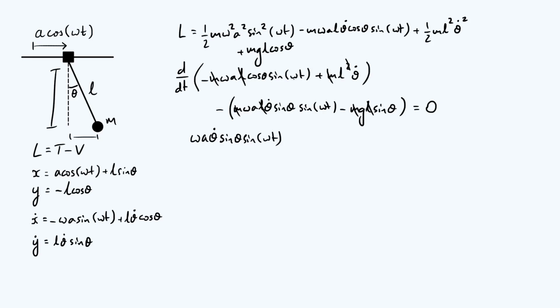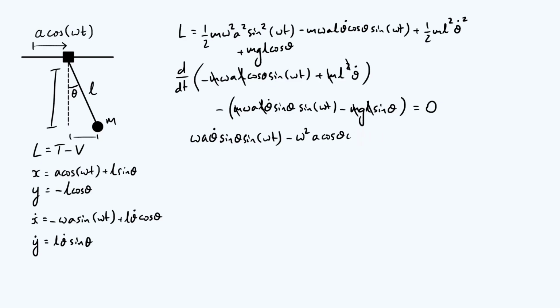Second term in the product rule, you're going to differentiate the sine, and you get cos, and so you keep the minus sign this time. So you get minus omega. This time it's squared because you pull out an omega from the chain rule. So minus omega squared a cos theta, and then sine of omega t.